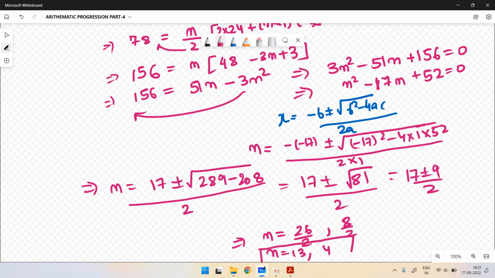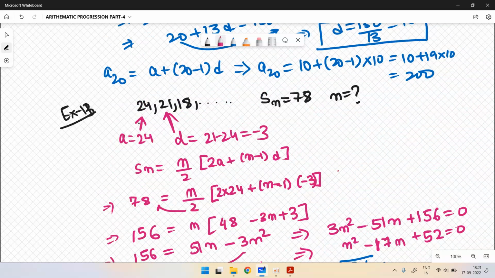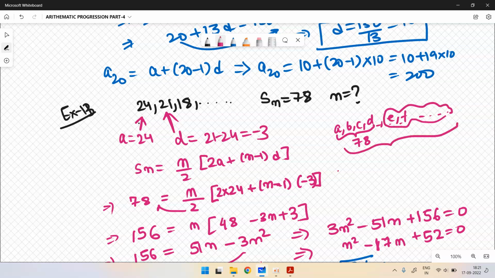Now why is this happening? Because this is a decreasing AP, there are two values of n. It is possible that up to a certain number of positive terms the sum gives 78 directly, and if some further terms are added which are much smaller and then subtracted from the sum, which cancels this out, this can also be the answer.